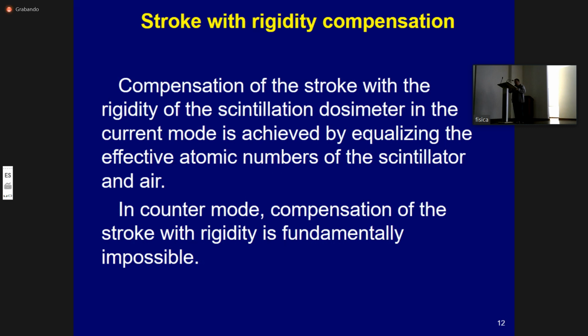Scintillators have an effective atomic number either lower than air, for organic scintillators, or significantly higher, for the case of inorganic scintillators. So they have a significant energy dependence of sensitivity in the energy range below 150 to 50 kV.